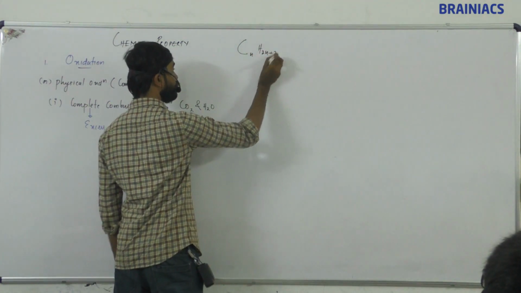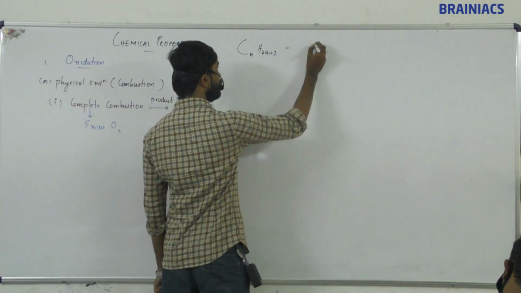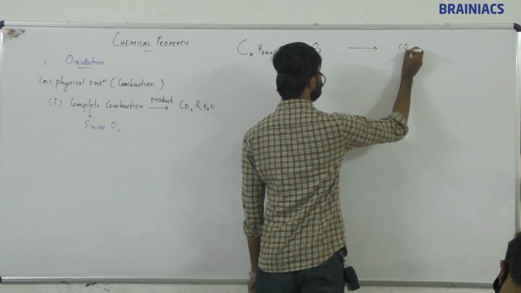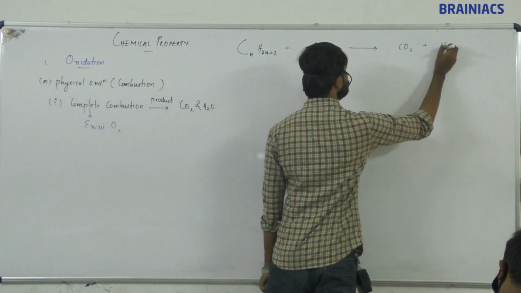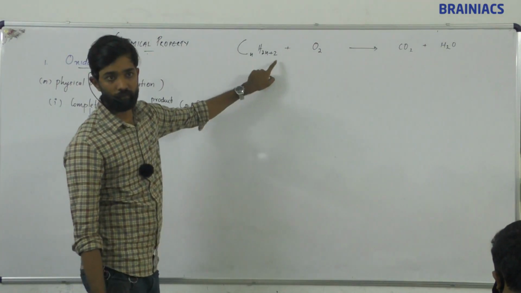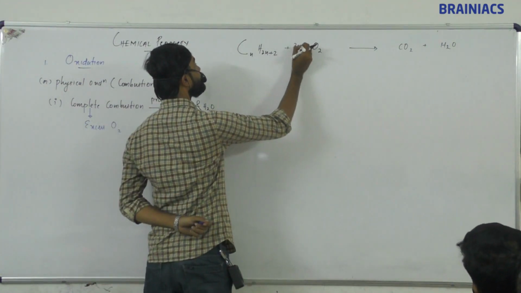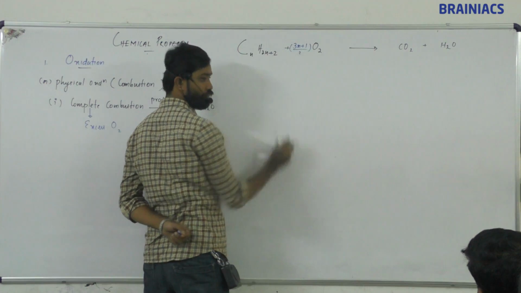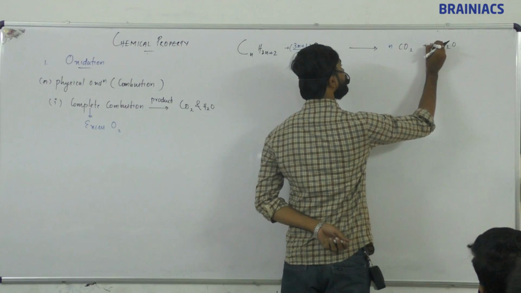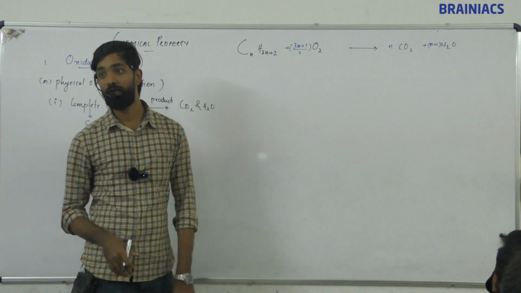If you have an alkane with the molecular formula CnH2n+2, it reacts with oxygen so that it forms n CO2 and (n+1) H2O. But this is only for alkane.